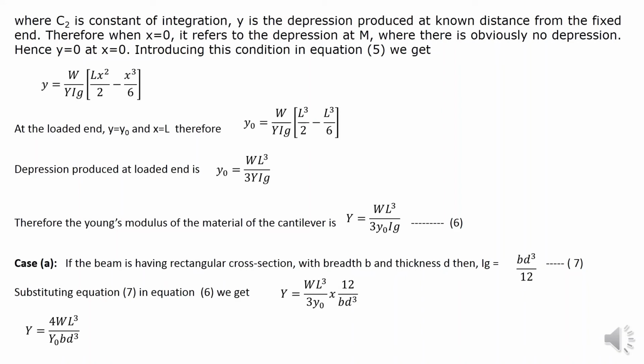First case, if the beam has a rectangular cross section whose breadth is b and thickness is d, then the moment of inertia Ig is equal to bd cube by 12. Substituting this in the previous equation, we get Y is equal to WL cube divided by 3 y0 into 12 by bd cube, or Y is equal to 4WL cube divided by y0 bd cube.